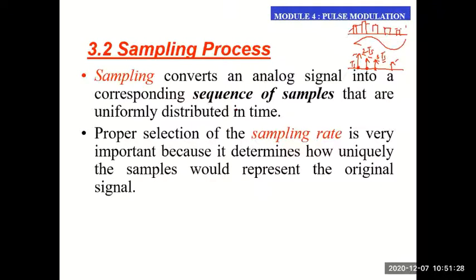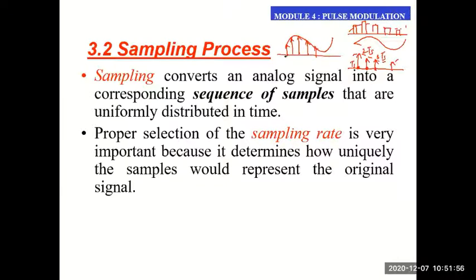Proper selection of sampling rate becomes very important because it tells us how uniquely the samples will represent the original signal. Remember, when we do discretization or sampling, we are going to lose portions of the original signal. The original signal is there at all instants of time, but the sampled signal will be present only at some fixed instants of time.